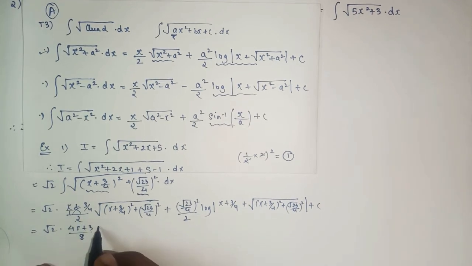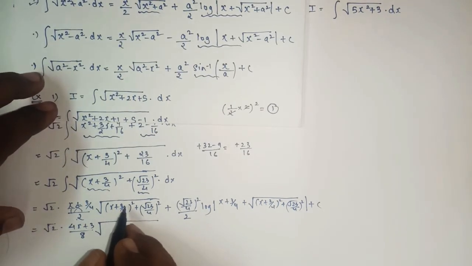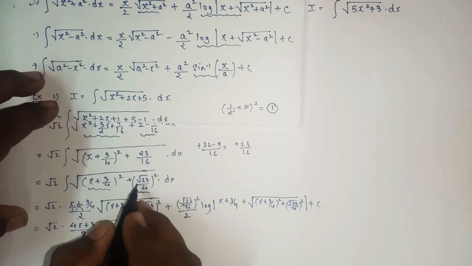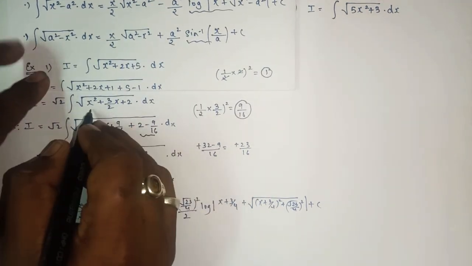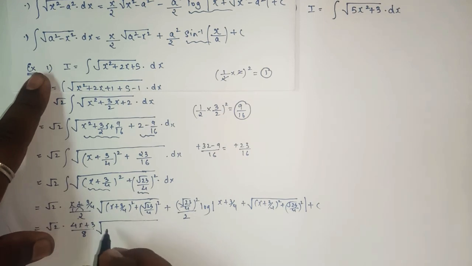And this part, when you will solve x plus 3 upon 4, when you will expand this part, you will get the previous step only, this section only you will get, yes or no? So directly I will write the answer here.